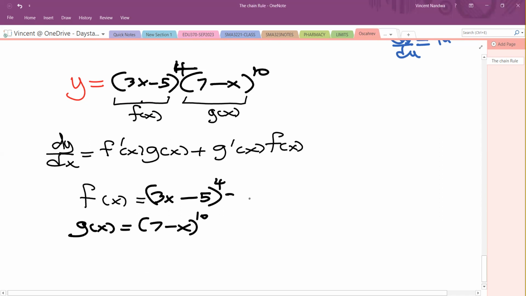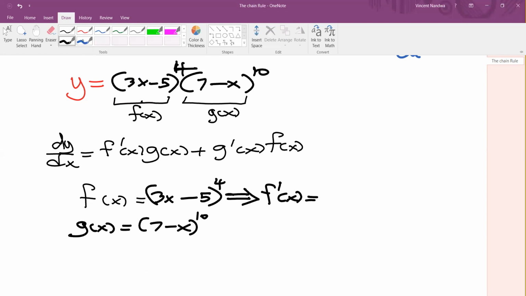So this means that f prime of x is given by... how do you define the derivative of f of x?